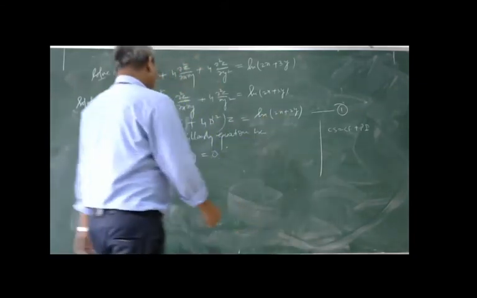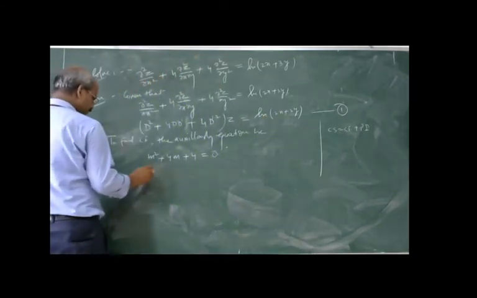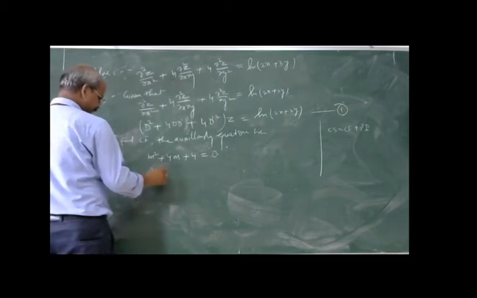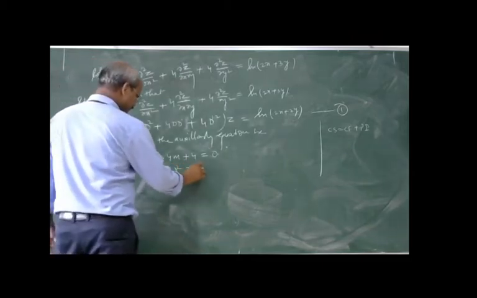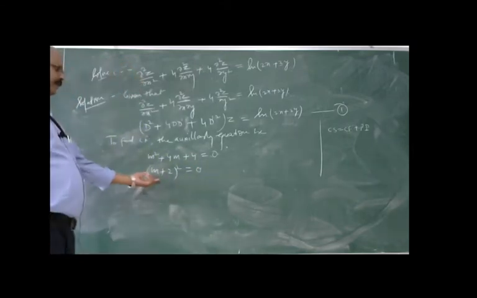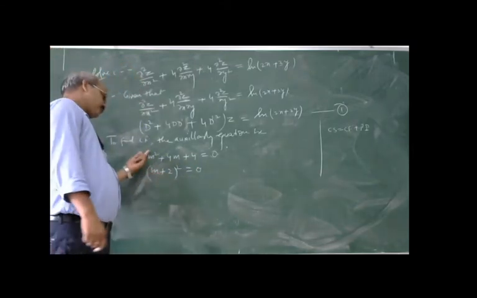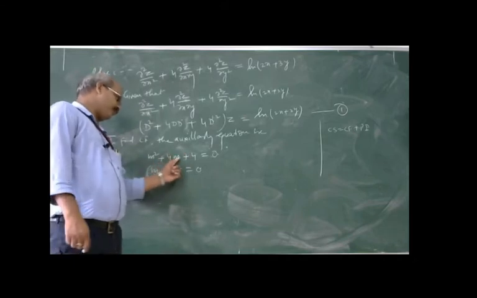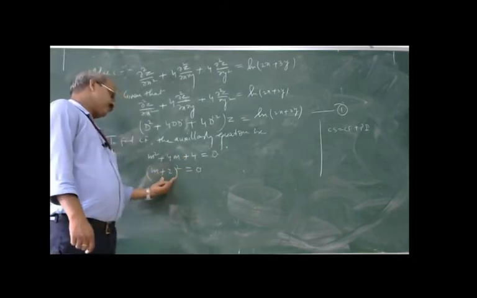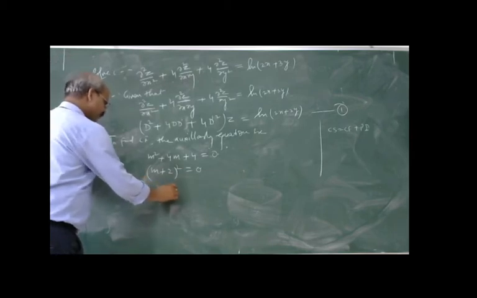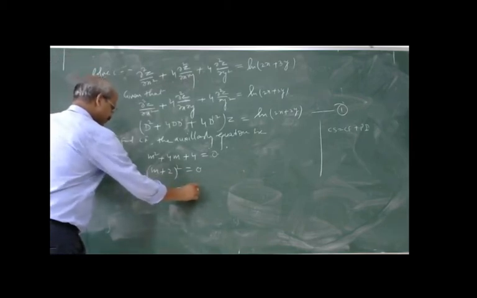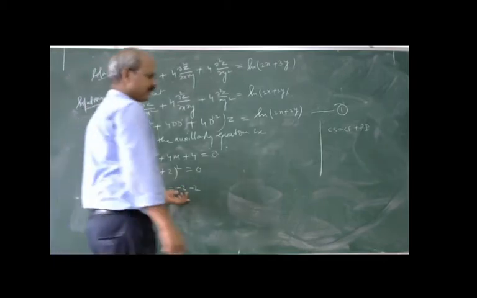Now the roots of this equation can be obtained by factorization. I think this is a case of (a + b) whole square, a² + 2ab + b². So by this, the value of m is −2, −2.